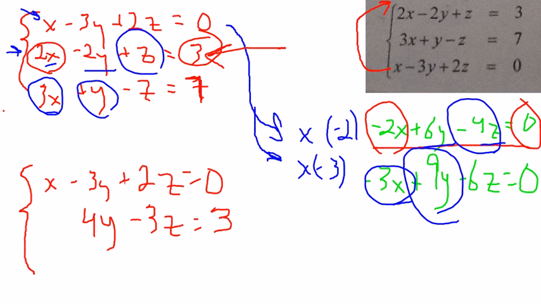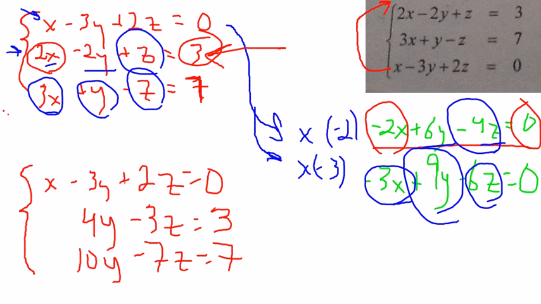Gives me 10y. Lastly, I add this and this, which gives me, no, they're both negative, so negative 7z, and then 0 and 7 adds to 7. So I'm going to scroll down a little bit.